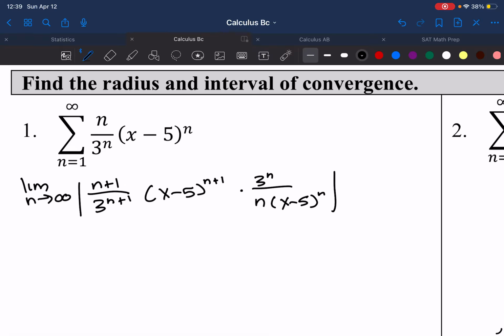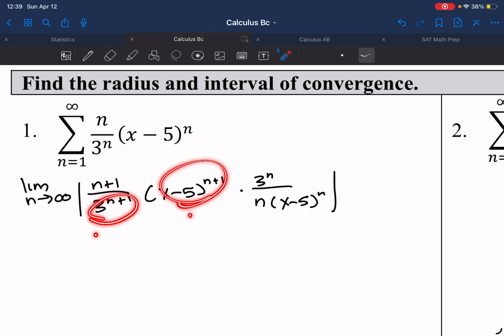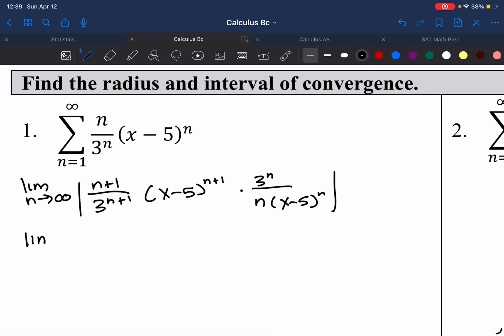Okay, remember with exponentials, we can rewrite these terms to be 3 to the n times 3, and this one x minus 5 times x minus 5 to the power of n. And so what's going to happen is some things are going to cancel. And so we're left with the limit as n approaches infinity of n plus 1 over n times 1/3 times x minus 5.